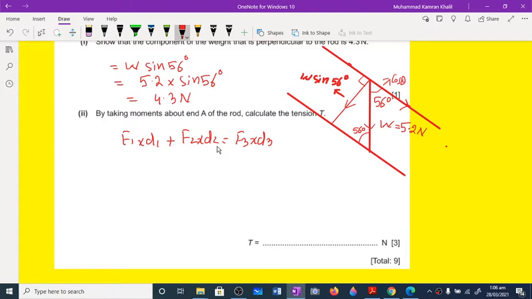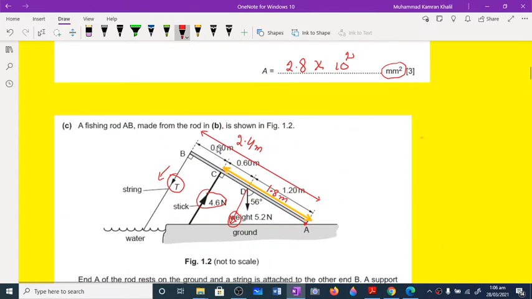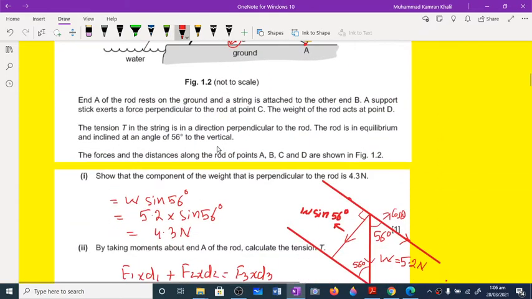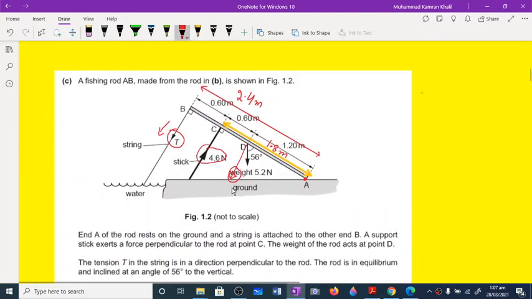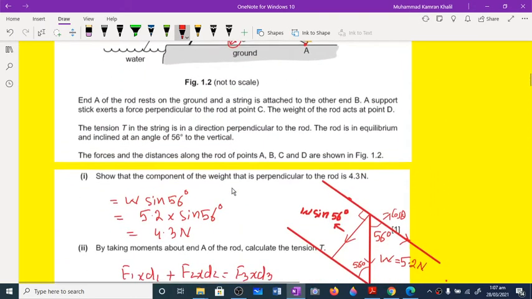So the value for the T is T into 2.4. The distance of the T from the pivot is 2.4. Then the value of the weight component, which we have already calculated, is 4.3, and its distance is 1.2, and the other force is F3, which is 4.6 and 1.8.